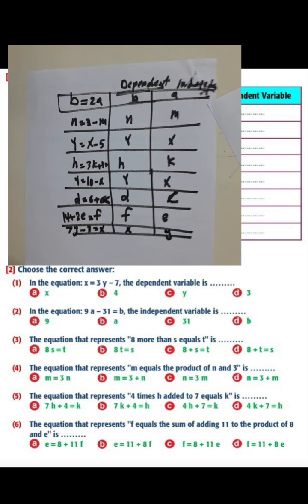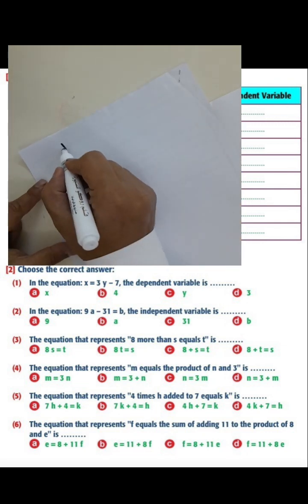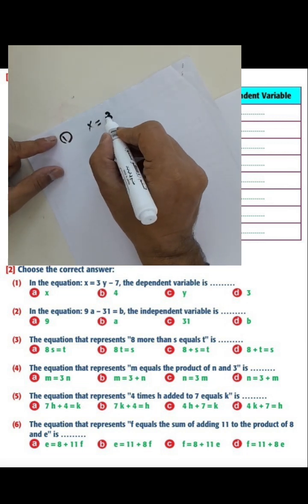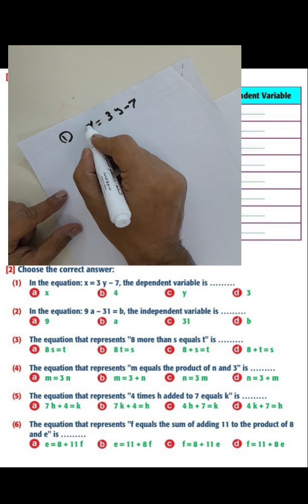Next, choose the correct answer. Question number 1. In the equation x equals 3y minus 7, the dependent variable is x. x is dependent.